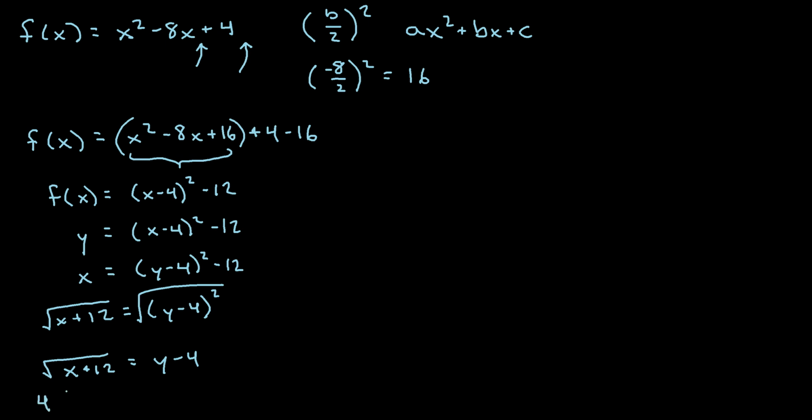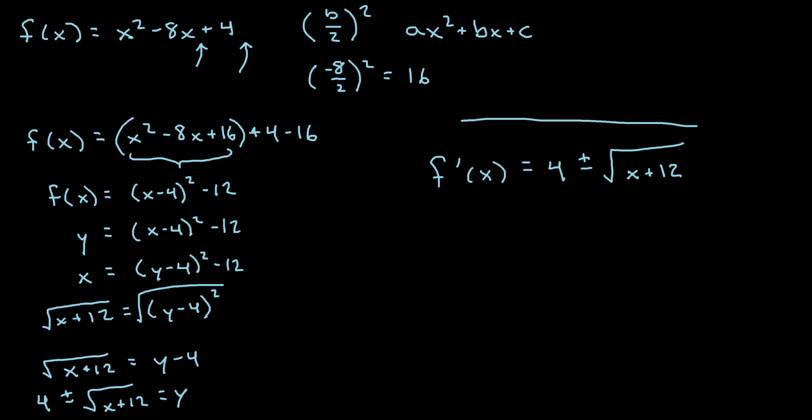So because it's a quadratic equation, we'll say 4 plus or minus the square root of x plus 12 is equal to y. So we can write our final solution as f inverse of x is equal to 4 plus or minus the square root of x plus 12. That is our final answer.